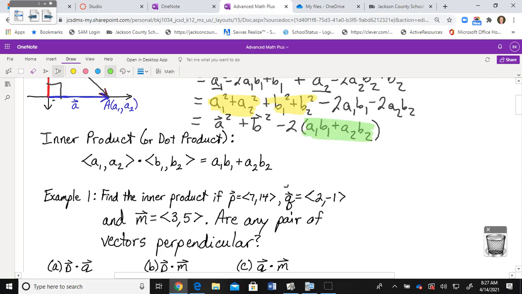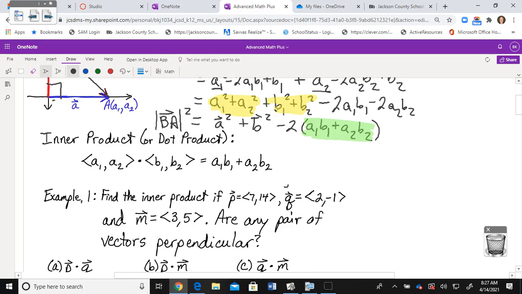And we're going to talk about the inner product. Let me write down, this was vector BA squared. This is vector BA squared, that's that one, okay? A squared would be this one, B squared is this one. What is that part?